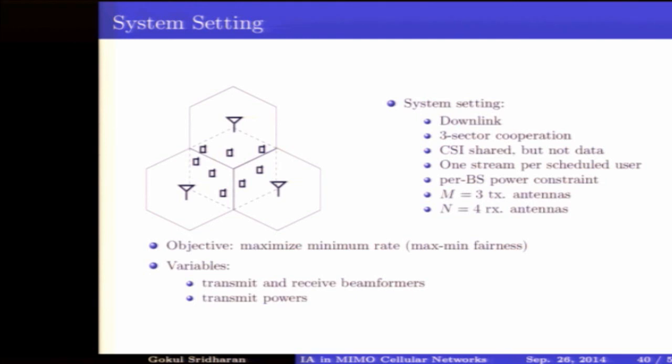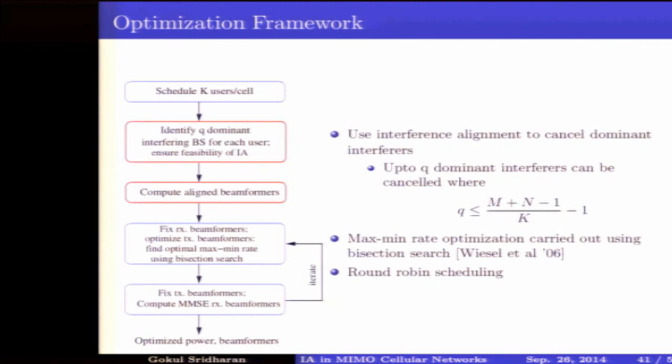And the optimization framework that we propose is that once you schedule a certain number of users in a cell, use interference alignment to only address interference from the dominant interferer. So if a user chooses to associate with a certain base station, also request that user to list out q other base stations around it that create significant interference. So we collect the dominant interferers of the scheduled users and only address that interference using interference alignment.